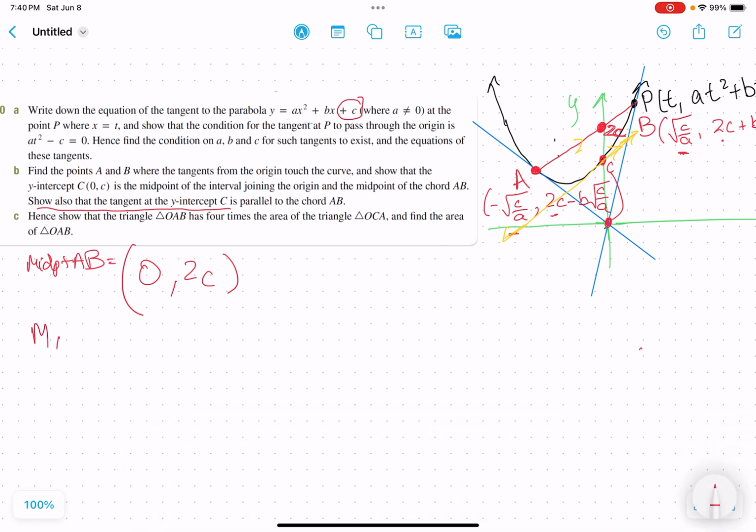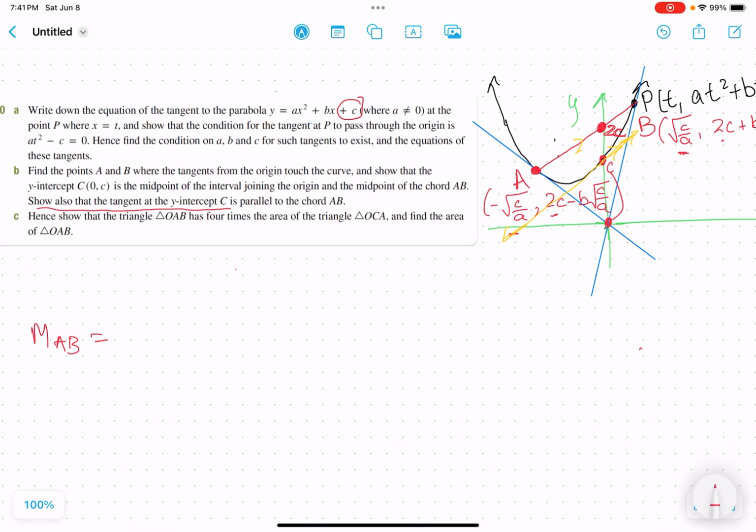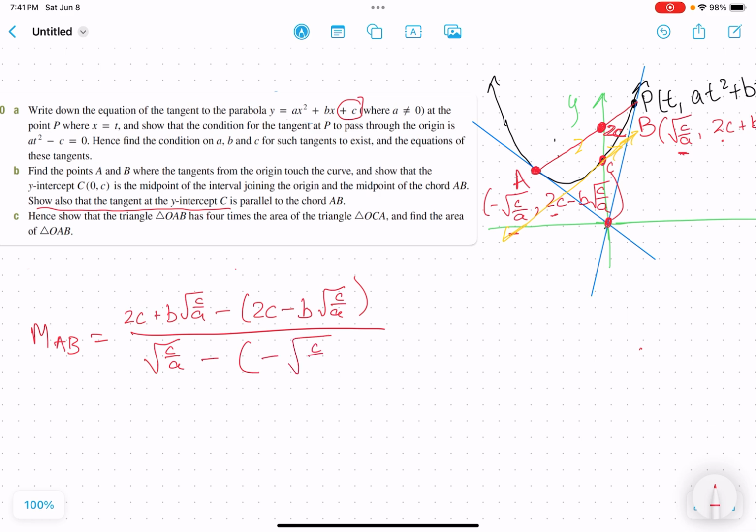So let's find the gradient of AB, which we know is just rise on run. Rise is y2 minus y1. So what's our y2? Let's say 2c plus b root c on A, minus y1, 2c minus b root c on A, on x2 minus x1, minus minus root c on A. So you can see we're going to get, the 2c's are going to cancel.